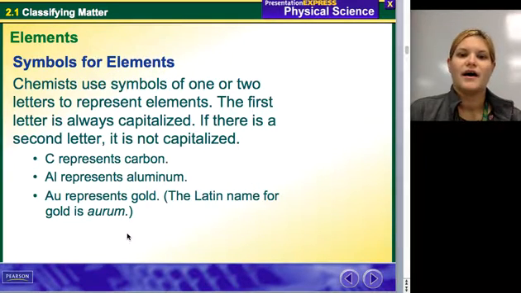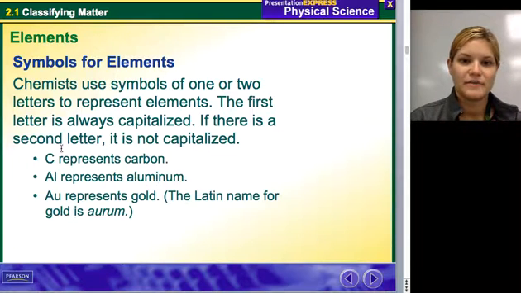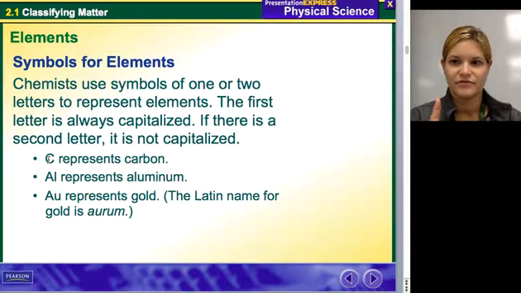Okay, something else that we need to know about elements is that when we write elements in chemical formulas, we use symbols. I'm sure you've learned a lot of these symbols already. For example, C representing carbon, Al representing aluminum, and Au representing gold. What you want to make sure that you do when you're writing these is if it's a single letter for an element, then you're just writing a capital letter.